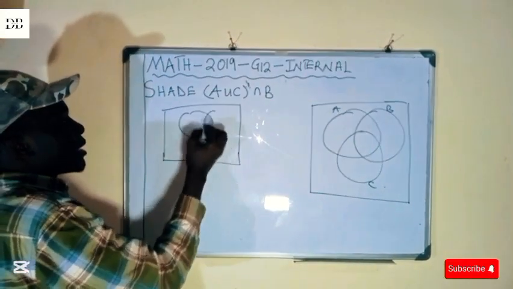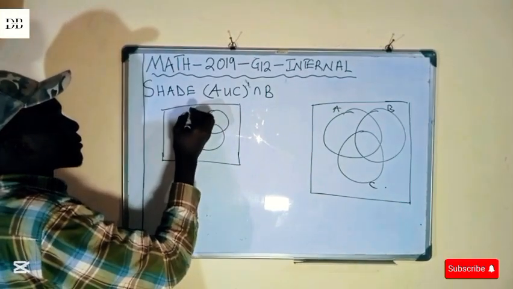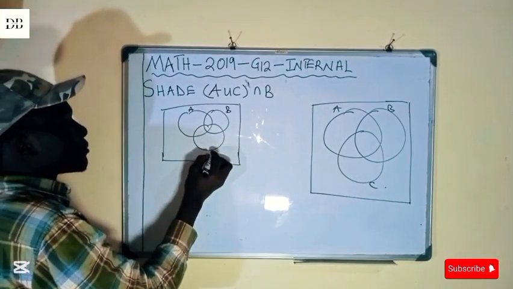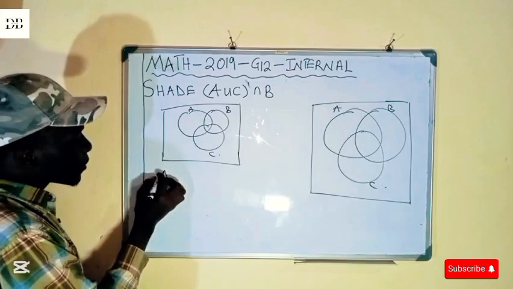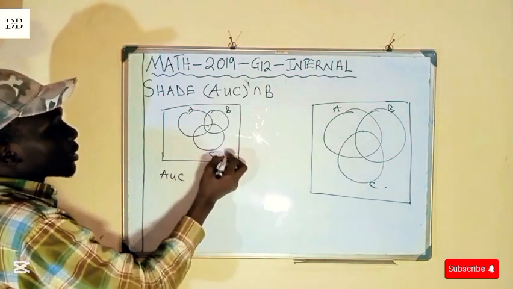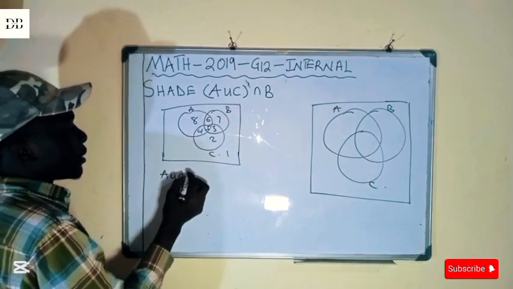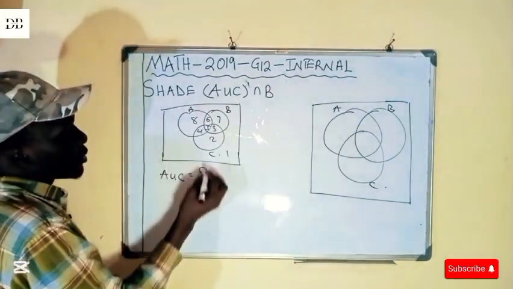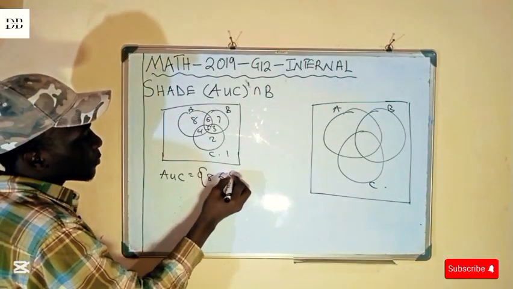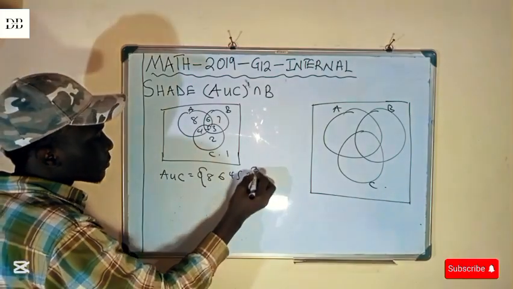We have set A, B, and C. So we first find our A union C. So 1, 2, 3, 4, 5, 6, 7, 8. Our A union C will be 8, 6, 4, 5, and 2.